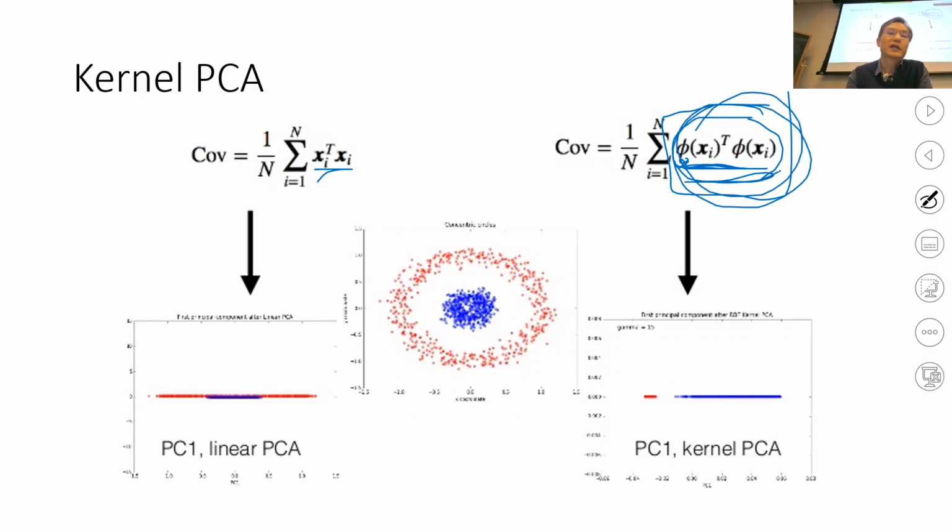So in kernel PCA, if you don't do the phi transformation, then you won't be able to separate these data points. It's already split out the data points by the largest variability. But after your transformation, you create new data points and they become separable using the regular PCA work on the high dimensional space.